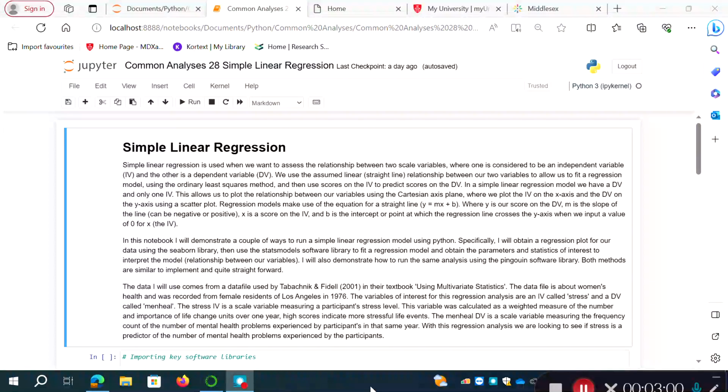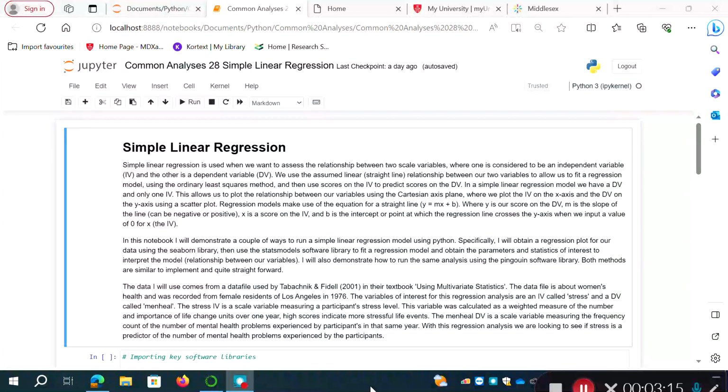In this particular video, what I'll demonstrate is a couple of ways to run a simple linear regression model using Python. Specifically, I'll obtain a regression plot for our data using the Seaborn library.